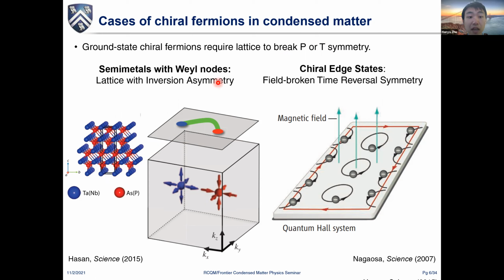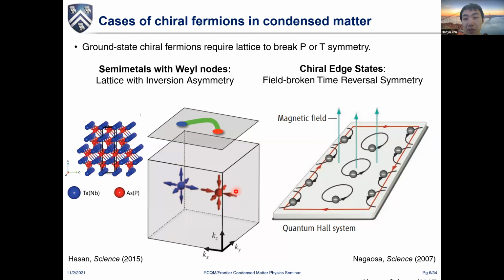With a lattice that breaks inversion symmetry, there are electronic states called Weyl nodes in Weyl semimetals, where basically the energy dispersion happens to have an accidental touch in k space. So there's only one energy point where 2 bands touch each other, and because the material is inversion asymmetric, you can prove that such touching points must occur in pairs.